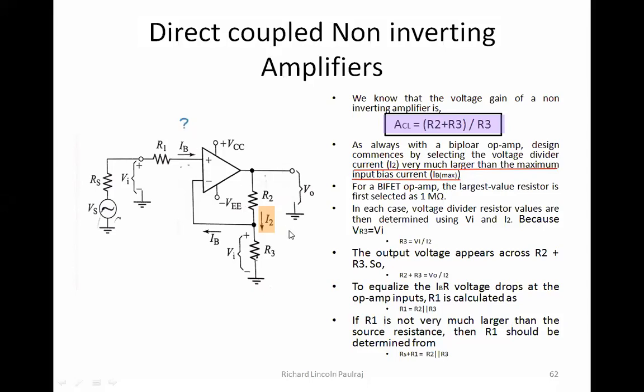So IB and I2. Concentrate on these two. How is it that when I compare these two, I2 is larger than IB? Can someone give me an explanation for that? If you have understood the concepts that we have gone through so far, I think you should be able to tell me that answer.